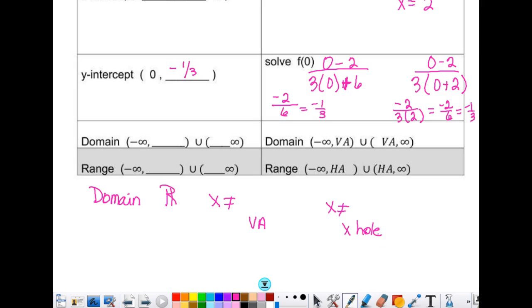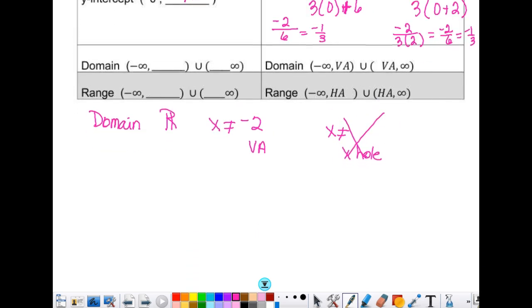It's all real numbers, but it's not the vertical asymptote because it jumps over the vertical asymptote. The vertical asymptote doesn't have anything on it. So what is our vertical asymptote? Look back up there and tell me what it is. Negative 2? Okay. And we don't have any holes, so we didn't have to do that, right?